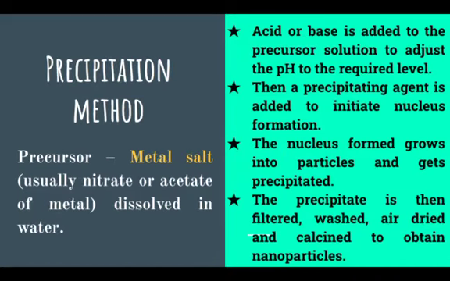Here acid or base is added to adjust the precursor solution pH to a desired level. Then a precipitating agent is added to initiate nucleus formation. Nucleus formed grows into particles and gets precipitated. Precipitate is then filtered, washed, air dried and calcined to obtain nanoparticles.